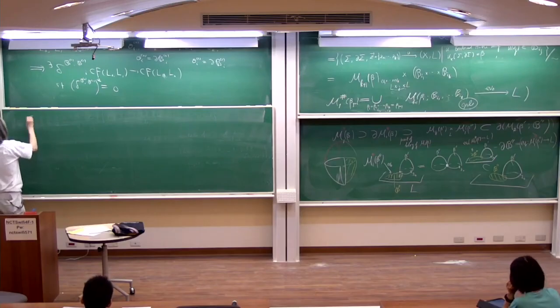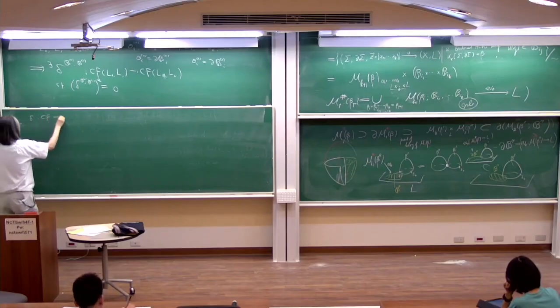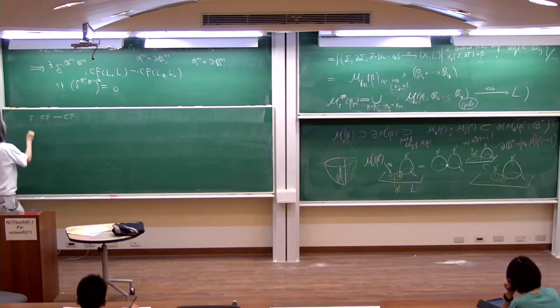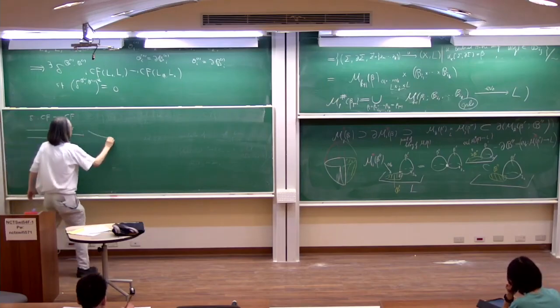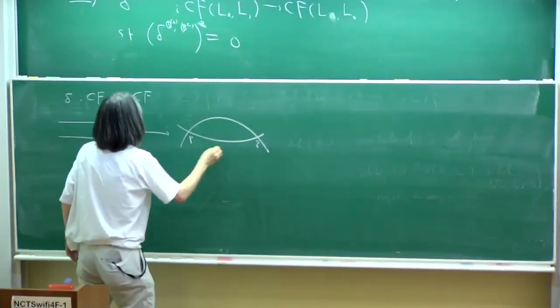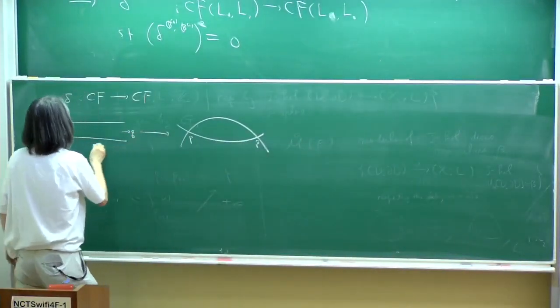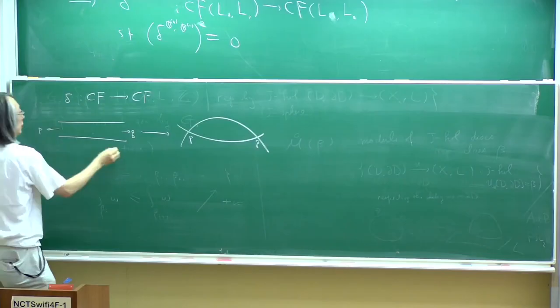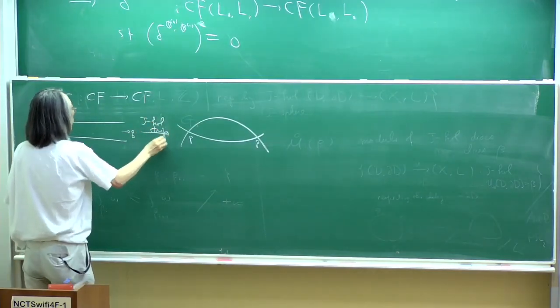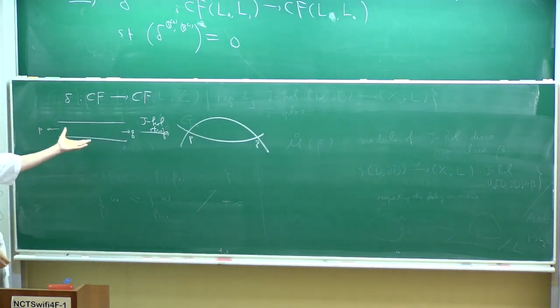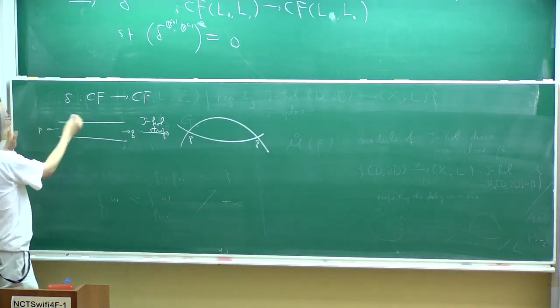Maybe this is Floer's original differential, right? This CF to CF. Consider just a holomorphic strip mapped to this, right? It's a holomorphic strip. So we consider such a thing, and then count the number of them to define this.